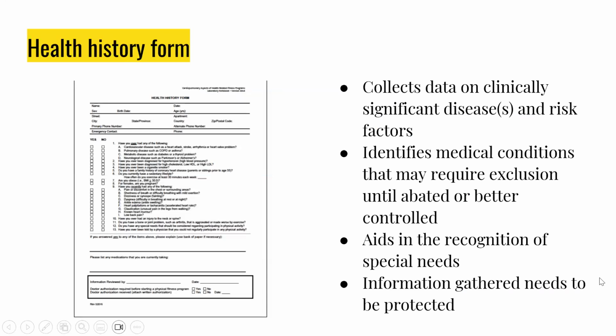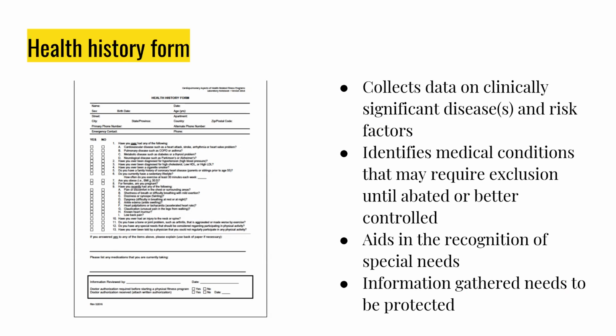Your health history form collects data on clinically significant diseases and risk factors. It identifies medical conditions that may require exclusion until resolved or better controlled. It aids in the recognition of special needs, and the information gathered needs to be protected, right?